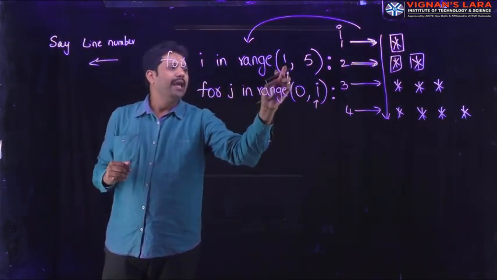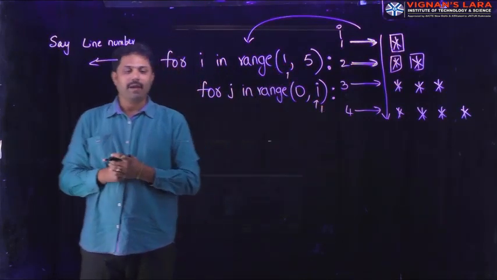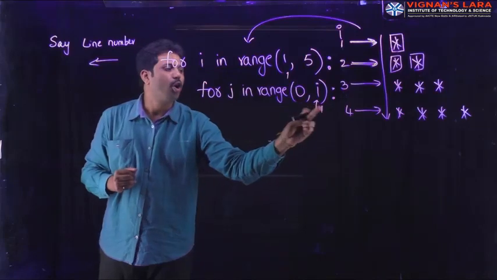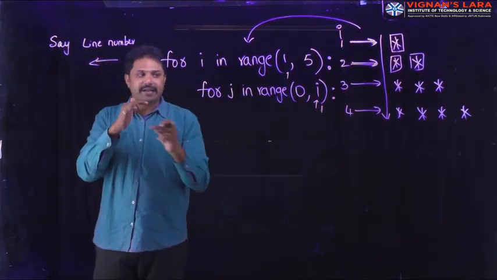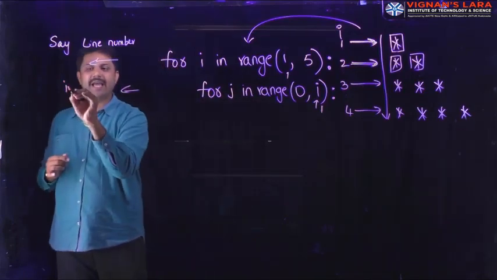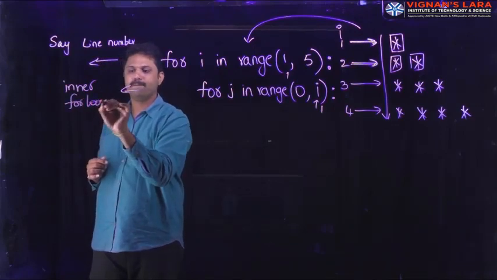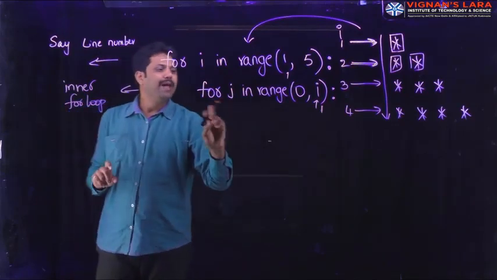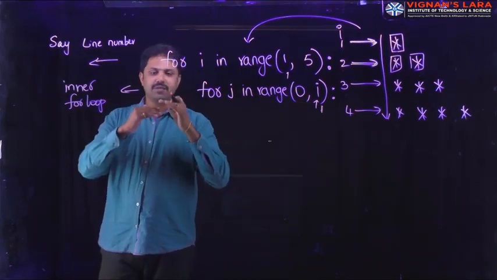That's why here I am going to take it as 1. The for loop range is 0, 1. That means this j for loop iterates. This is the inner for loop. This for loop iterates one time, because 0, 1 means one time.